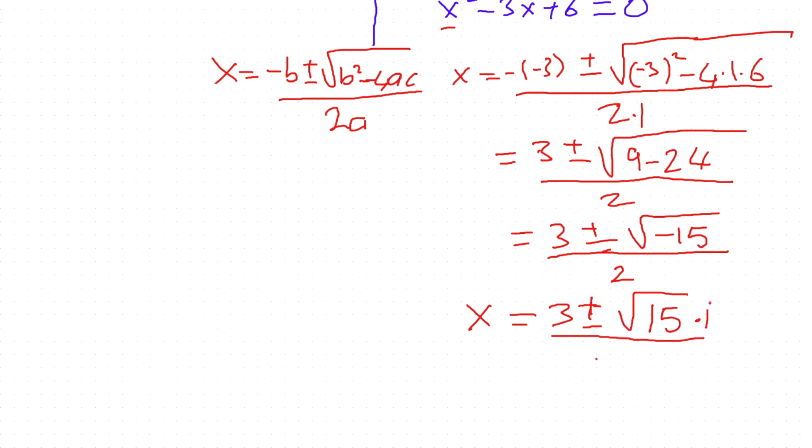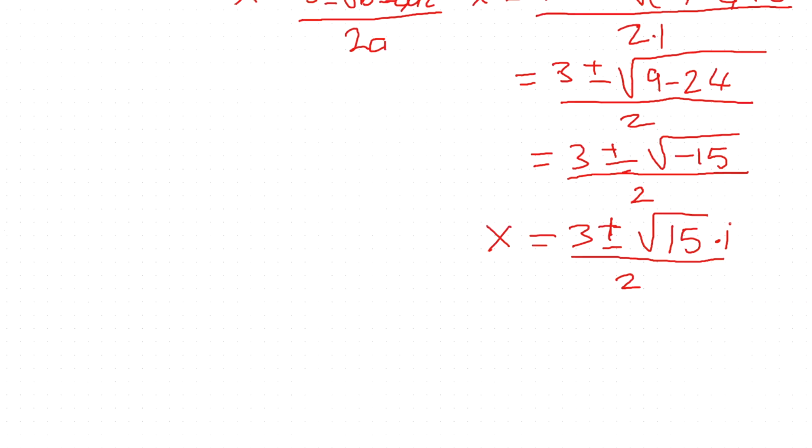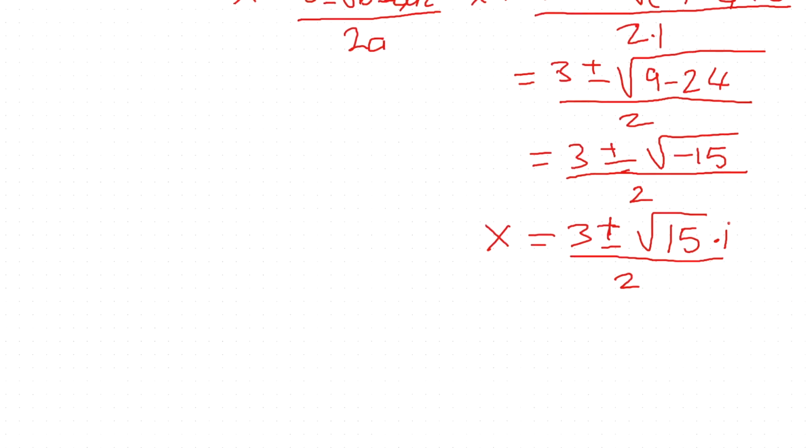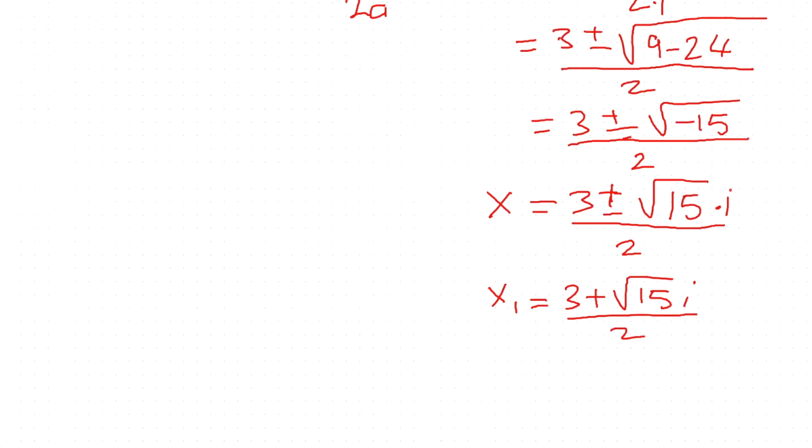So then we set it up and write the solutions. There are 2 solutions that come out of here. The first one, x1, with the positive value, is 3 plus 15i over 2, and the second one, x2, is 3 minus 15i over 2.